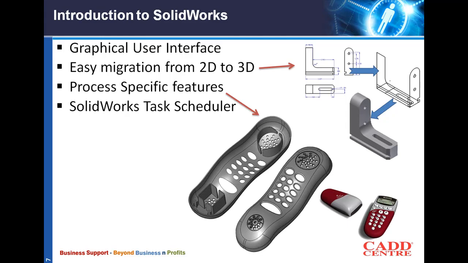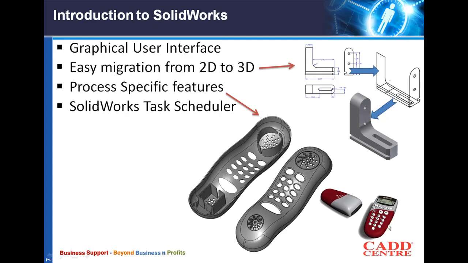And the next, process specific features. There are 2 components. One is a phone and one more is a calculator. And if you look into these products, there are some specific features which you will use frequently. For example, there is a hole we call a vent hole, and there is one more mounting used for assembling two components.